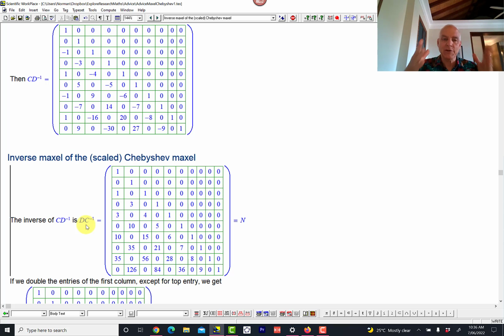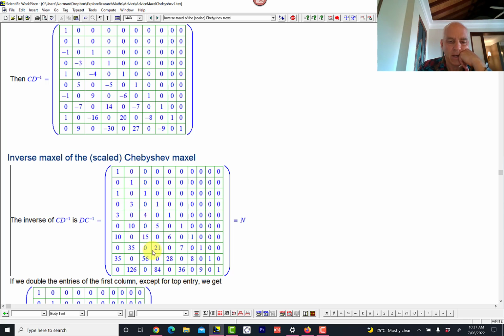And computing an inverse of a matrix is an obvious thing that you should do. If you have a matrix in front of you and you're interested in it, calculate its determinant first, and then, if that's non-zero, calculate the corresponding inverse. That's telling you something important about the matrix. So what's the inverse of this matrix here? Here it is right here. Notice that the minus ones have disappeared.